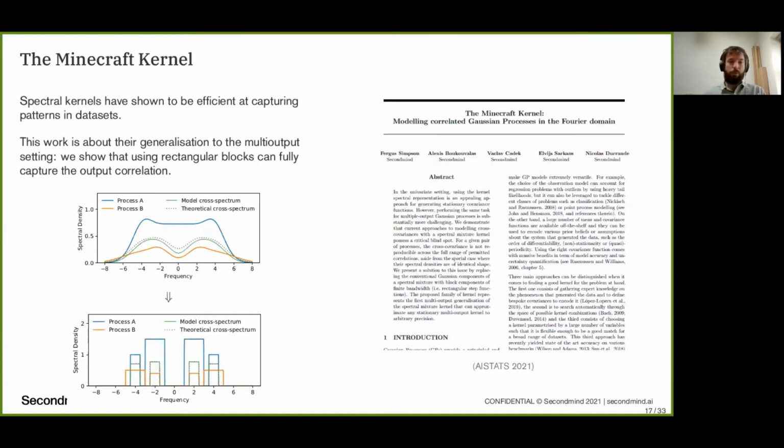And with these blocks, we can show that we can fully represent the correlations between the different outputs of the signal. So that's one way to build very flexible models, because they have the flexibility of the spectral mixture kernel, but they also have a better way to represent the correlation for multi-output signals.